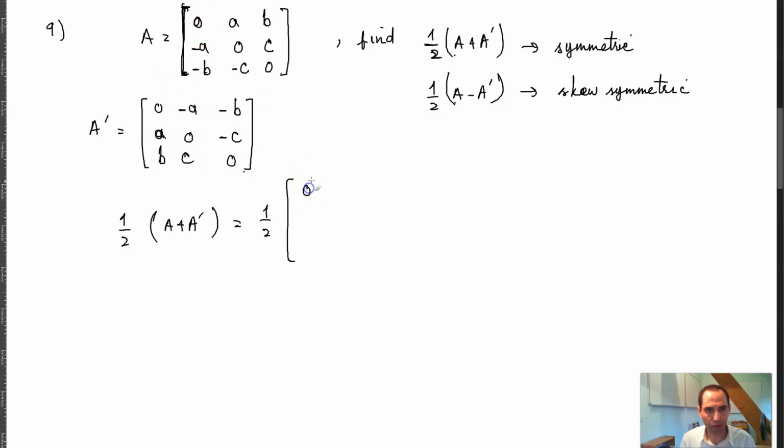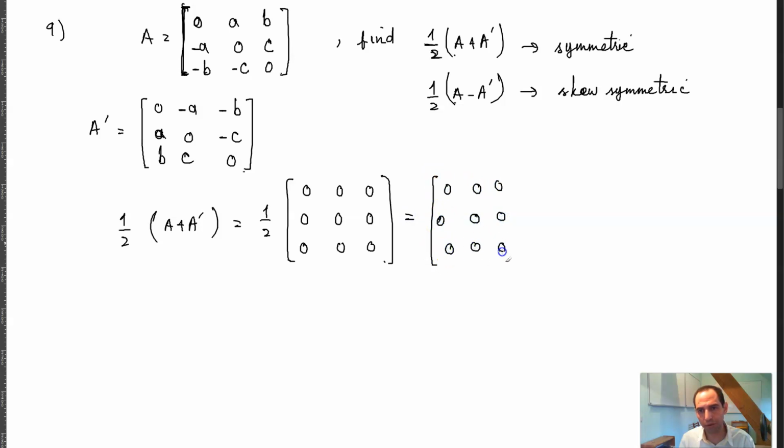So 0 plus 0 is equal to 0, A plus negative A is equal to 0, B plus negative B is 0, negative A plus A is equal to 0, 0 plus 0 is 0, C plus negative C is 0, and negative B plus B is equal to 0, negative C plus C is 0, 0, 0, and that's equal to basically all zeros, which is equal to O. Which means that basically 1/2 of A plus A prime is actually equal to O. Right? That is equal to O.